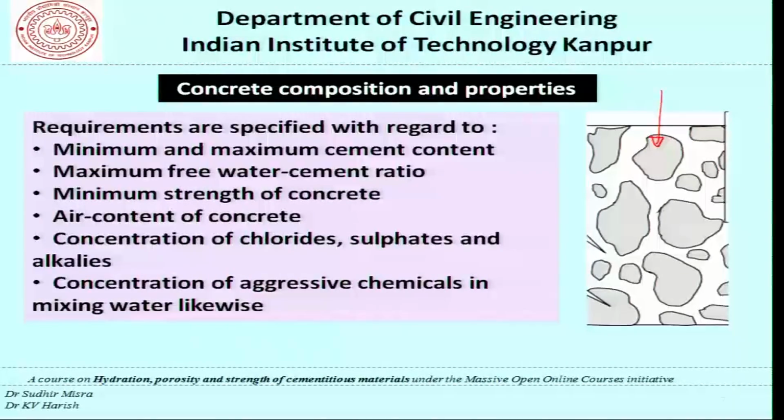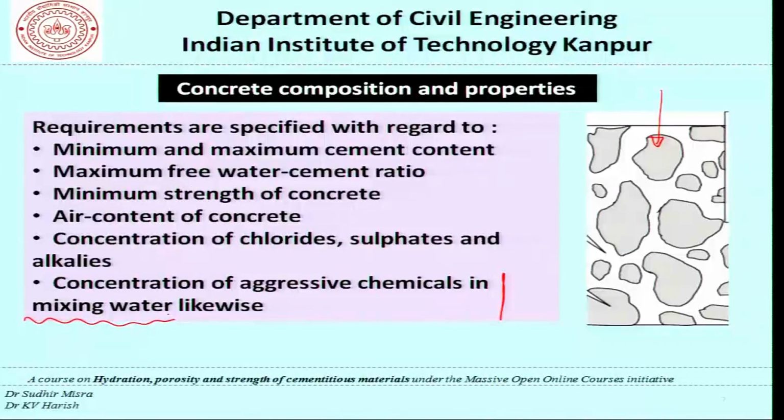The thing is, I would like to draw your special attention to this provision here, and especially the term mixing water. What is being said is that the material that we use should have certain characteristics. It should be, for example, free from chlorides.